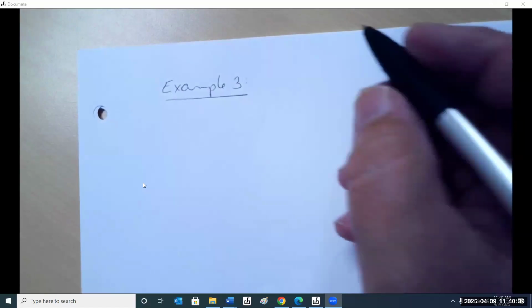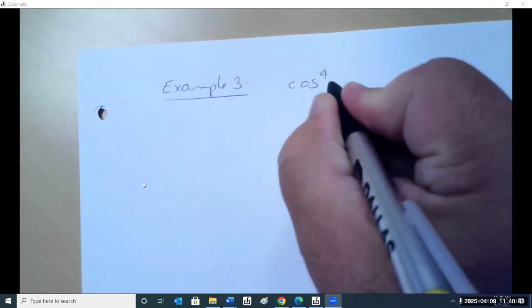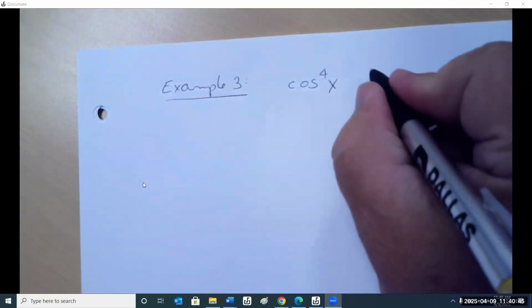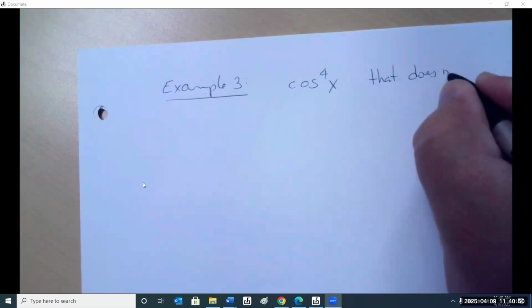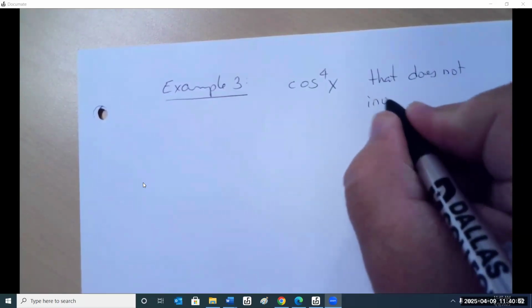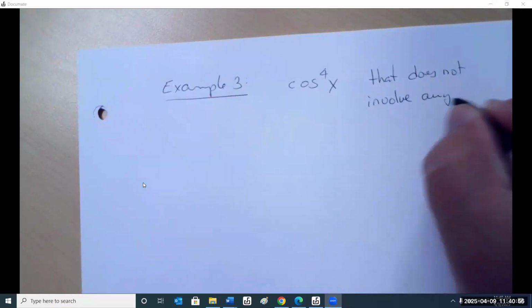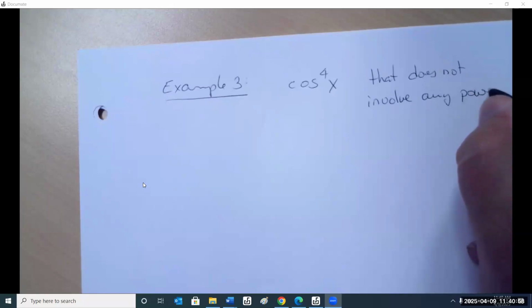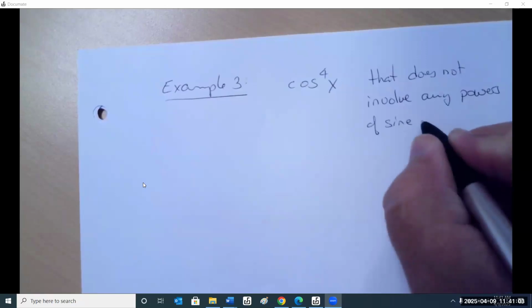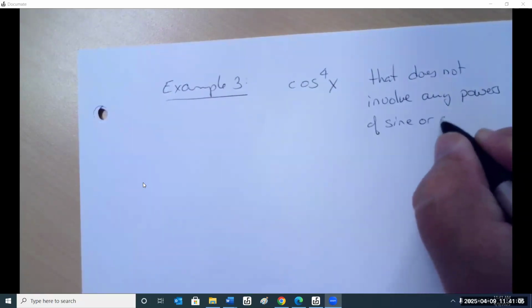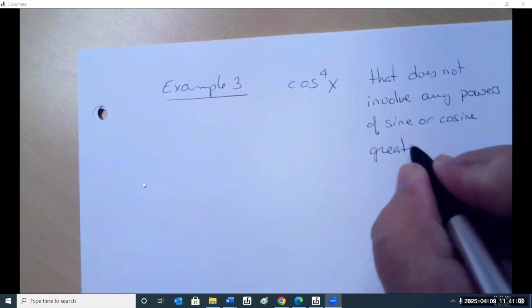Write an equivalent expression for cosine to the 4th of x that does not involve any powers of sine or cosine greater than 1.